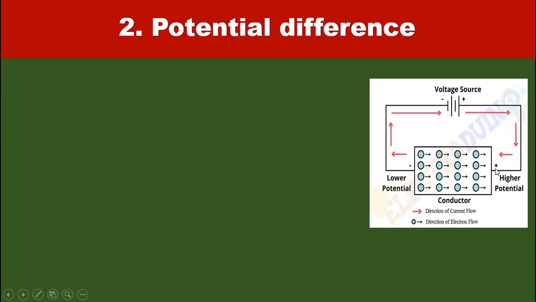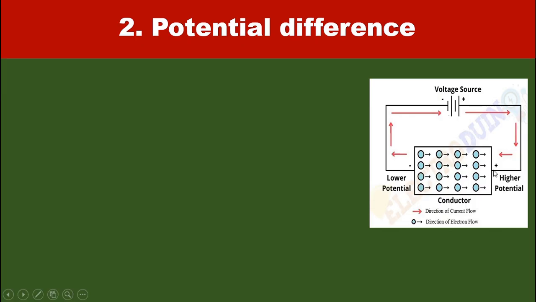This plus symbol is the higher potential, that means a higher energy level, and the negative end is the lower potential, that is a lower energy level.